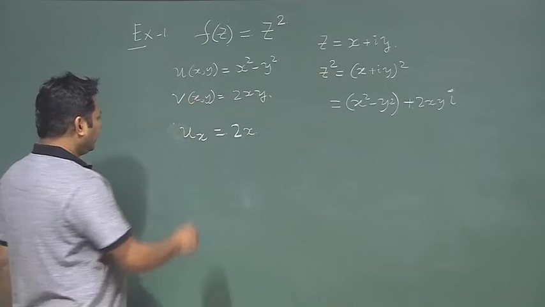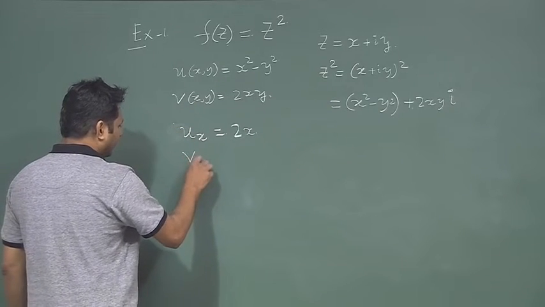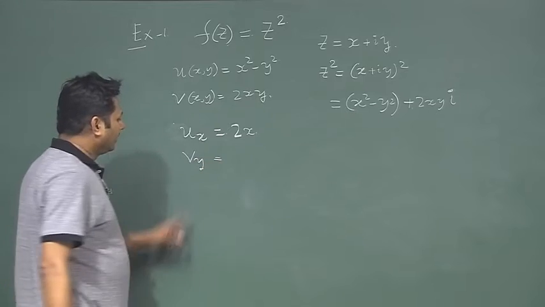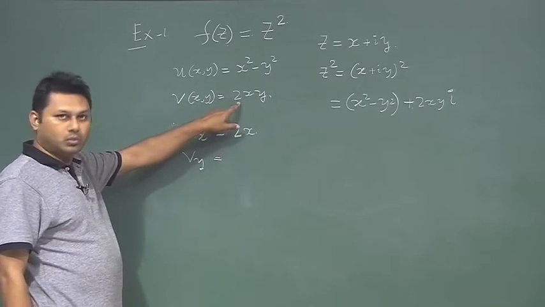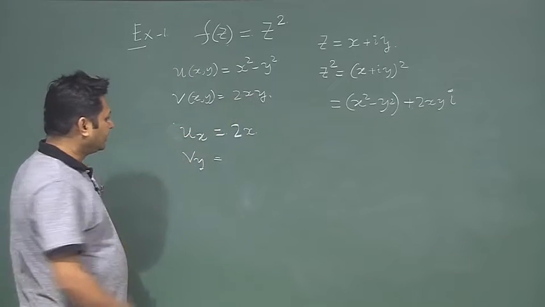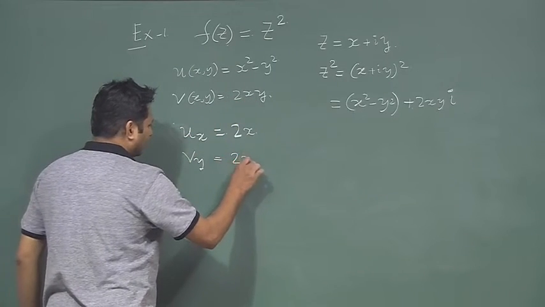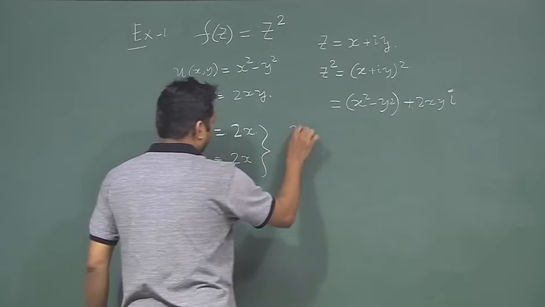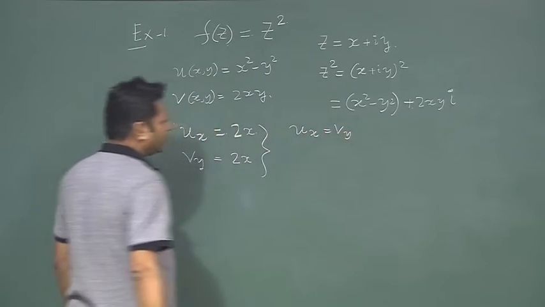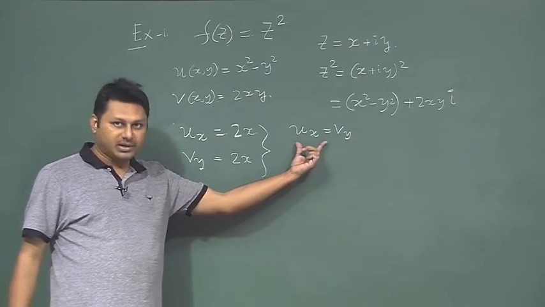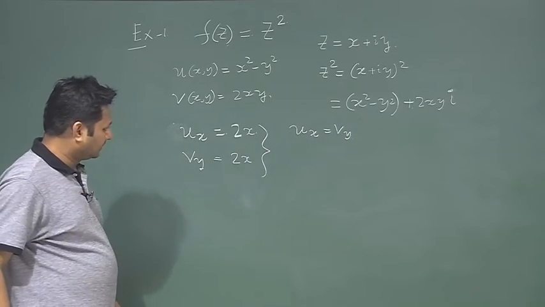What is my v y? v y is the partial derivative with respect to y of this function v, which is 2 x y. So, it will be just 2 x, and they are the same. So, from here we managed to find out that u x and v y are the same, one condition. What about the second one?